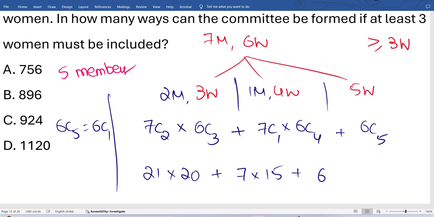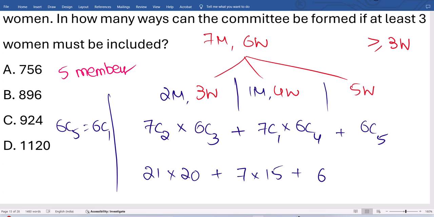7C5 equals what can I write? Select 5 out of 7 equals reject 2 out of 7, so 7C5 equals 7C2. That is why you have one formula in your textbooks: nCr equals nC(n minus r).